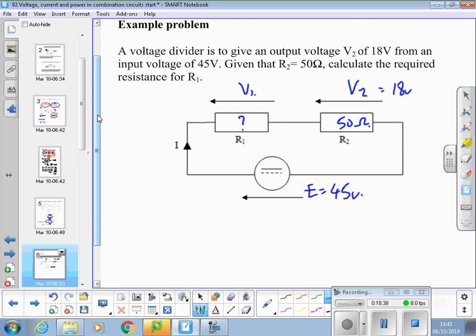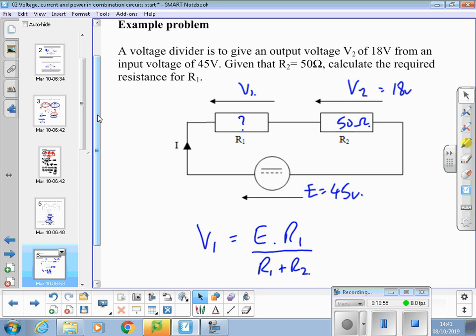So what's the formula for V1 in the voltage divider rule? Now you can test your skills at rearranging formulae to rearrange that for R1.